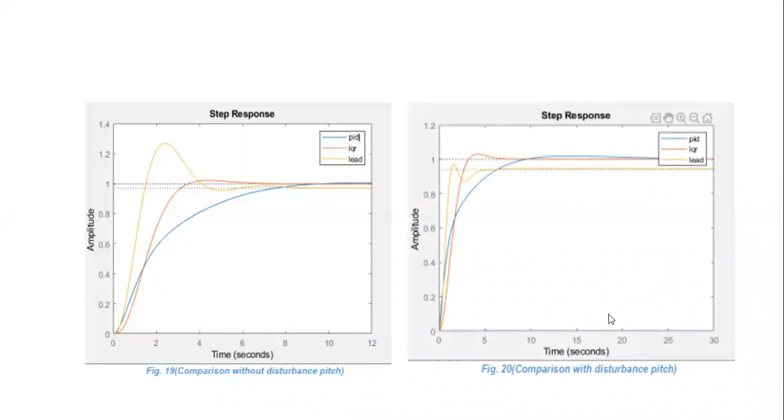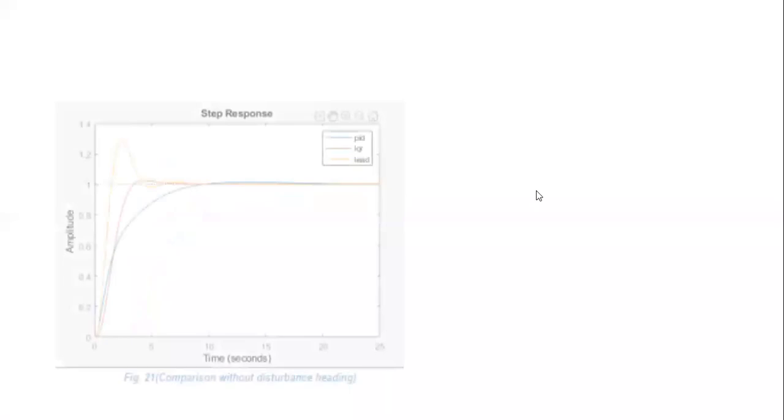Here in this comparison you can also see pitch with disturbance, where LQR is the best one. It has the least overshoot, least settling time, and least steady state error. Steady state error you can see is very low compared to the others. This is the comparison of heading without disturbance.